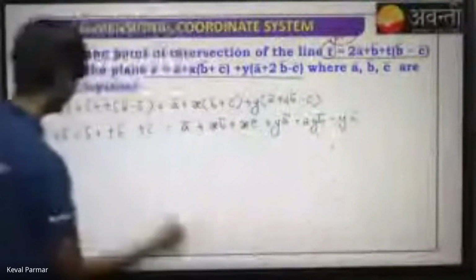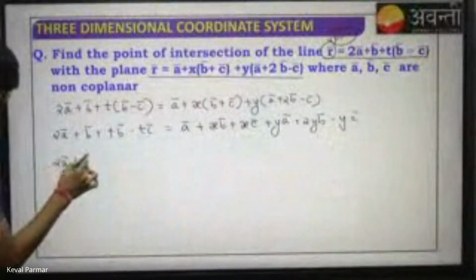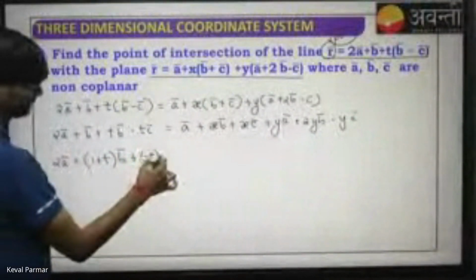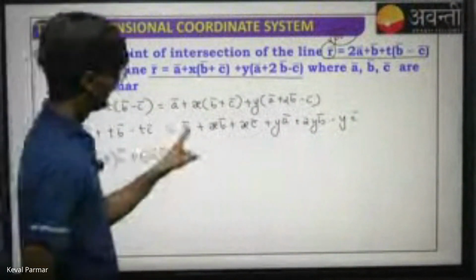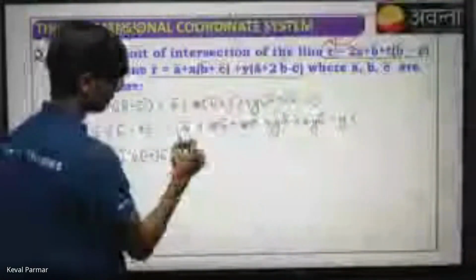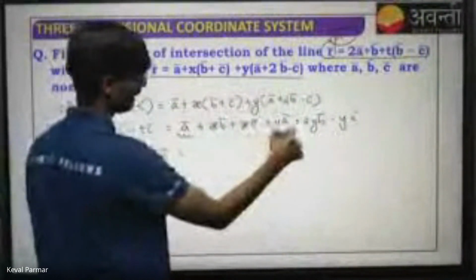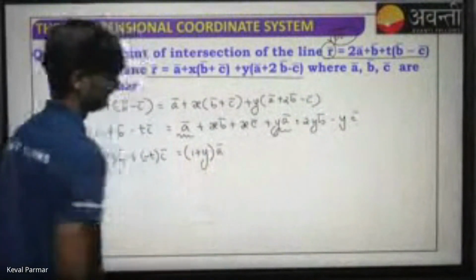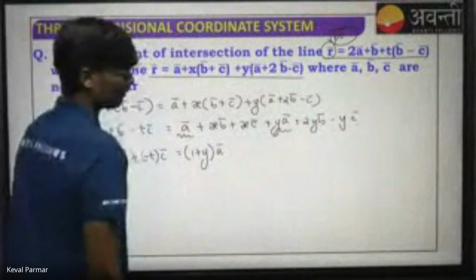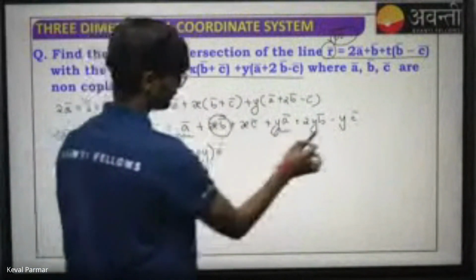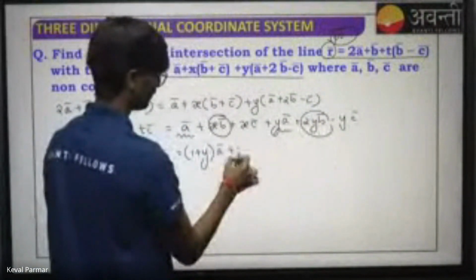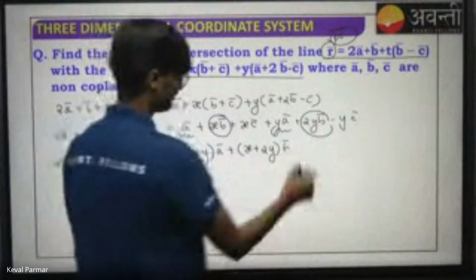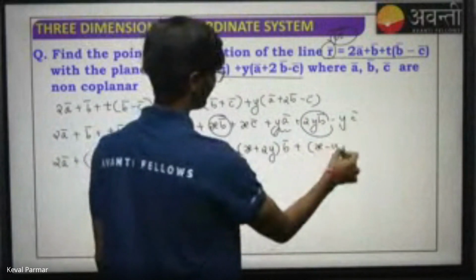Let us group the terms together. For a vector, we have 2 on the left, and on the right this and this give (1 plus y) a vector. For b vector, we have these two, so plus (x plus 2y) b vector. And the remaining is c vector, which is (x minus y) c vector.